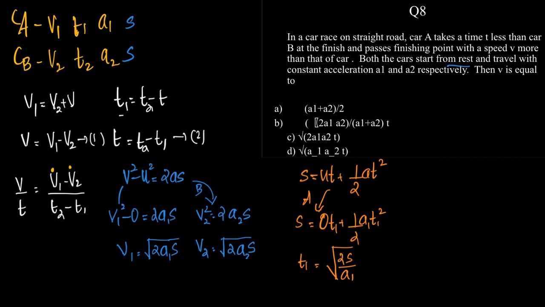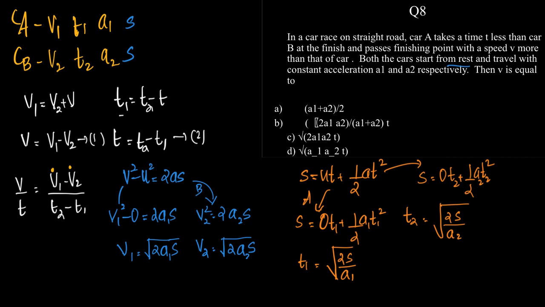What is this for car B? For car B, s is equal to 0 into t2 plus half into a2 t2 square. So what is t2 out of this? t2 is root of 2s by a2.